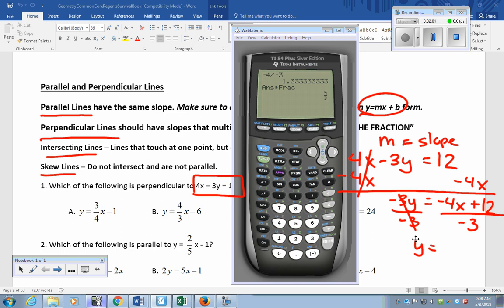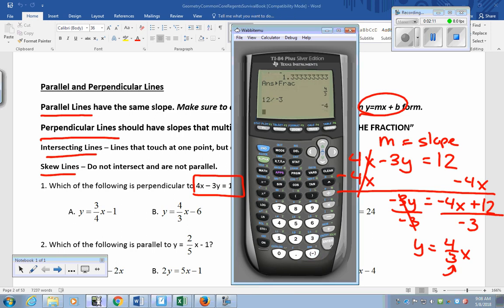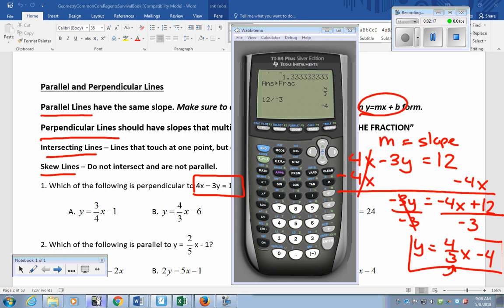So I have y equals 4 over 3x, which 4 over 3, that would be my slope. And then I would do the other one, which is 12 divided by -3. Now this part's not necessary, but I'm showing you anyhow because sometimes you're going to have to know how to do that, especially with graphing equations. So the slope of that is 4/3.